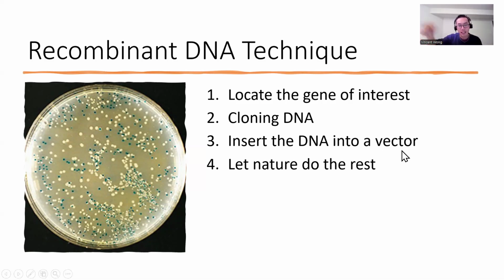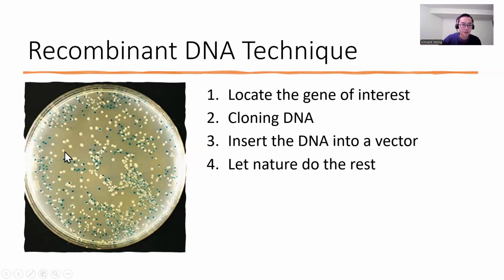In this case, we're going to feed it to the bacteria. So the bacteria will have the insulin gene, and now it is a recombinant bacteria because its genome not only has the bacteria genes in it, there's also human genes in it. It is a recombinant DNA. And then nature will do the rest. The bacteria will pump out a lot of insulin.